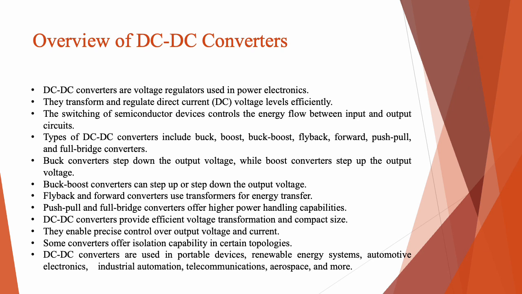The buck converter steps down the output voltage, while the boost converter steps up the output voltage. Buck-boost converters can step up or step down the output voltage. Flyback and forward converters use transformers for energy transfer. The push-pull and full bridge converters offer higher power handling capabilities.